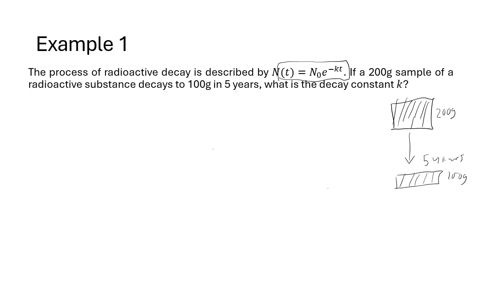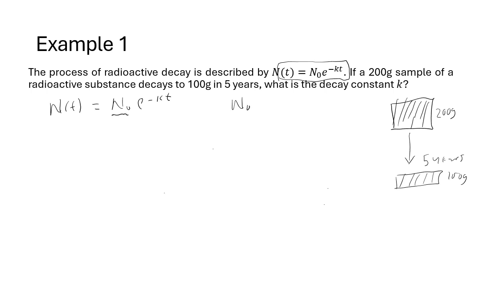So the first thing is we write our formula, which is N of t is equal to N naught exponential minus kt, and try to find what is our N of t, what is our N naught, what is our t, from the question. So we have a 200 gram sample initially, that is our N naught.